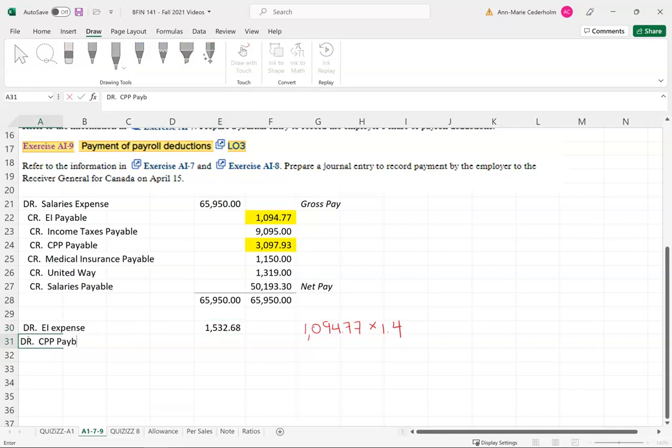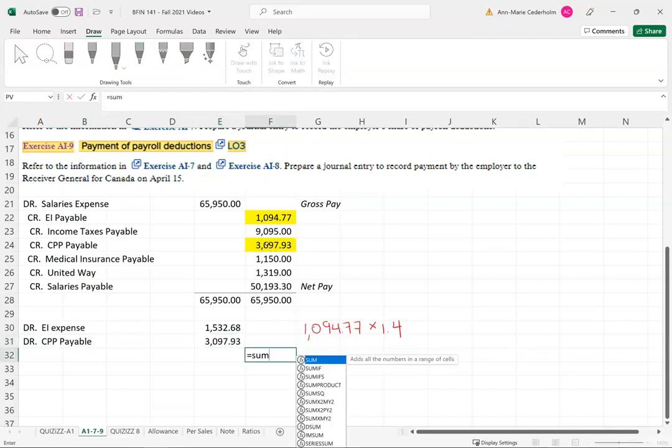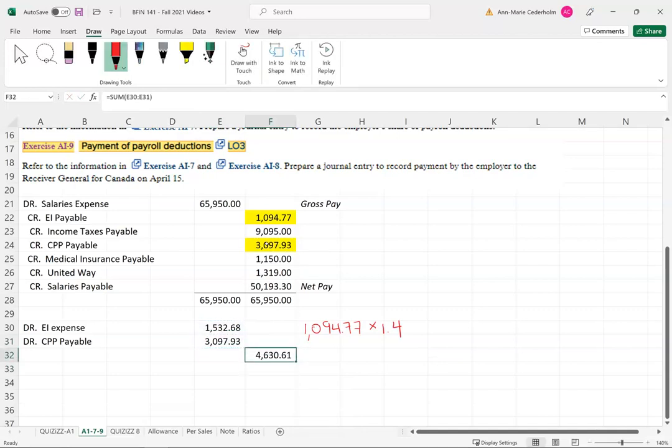And we have to match the employee's CPP contribution. So that's the 3097.93. So that adds on an extra amount of 4630.61 that we have to pay. So you can put this into one tax account. In this textbook, they actually create separate payable accounts for each of them. So I'm just going to do that.